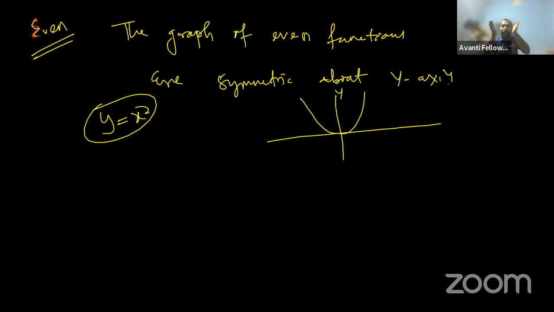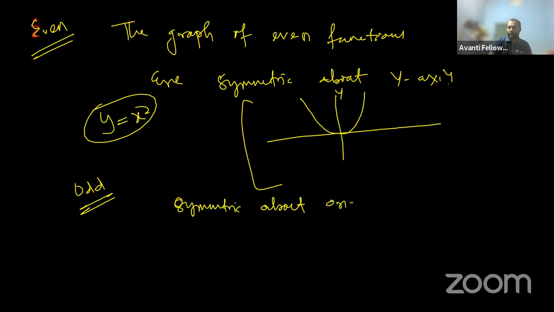If you draw this figure on your copy and fold it on the y-axis, the right hand side of the graph will lie on the left hand side of the graph. So it is symmetric about the y-axis, right? So the graphs of even functions are always symmetric about the y-axis. Similarly, the graphs of odd functions are always symmetric about the origin, right? Okay, so that is this.